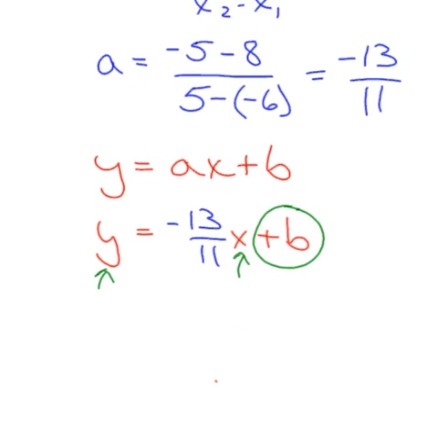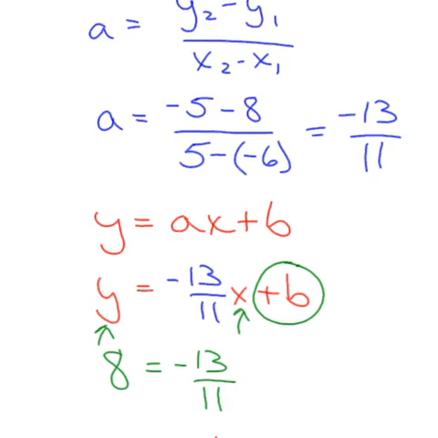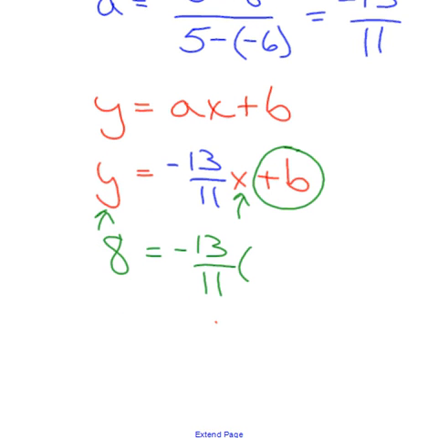Be careful that 8 is the y, and then I'm going to put in my x, which was, I've already forgotten, -6. So this is the crucial step. I plugged in my y value and my x value from up above, and now I've just got an equation that I can solve for b.